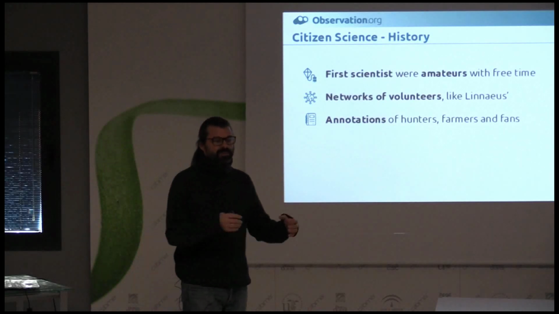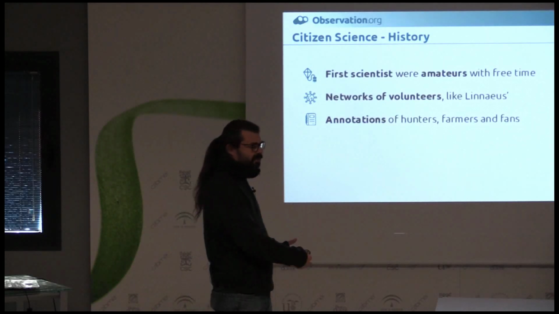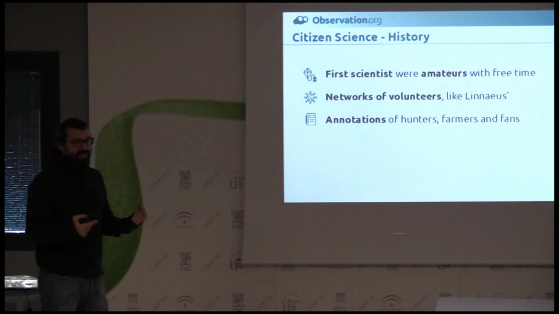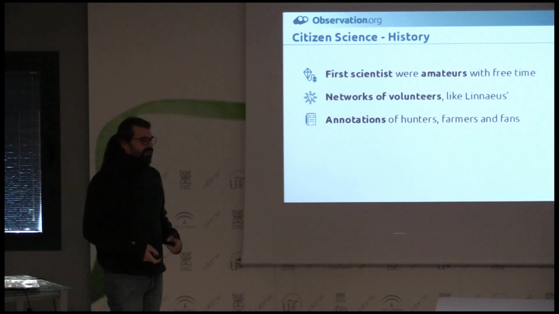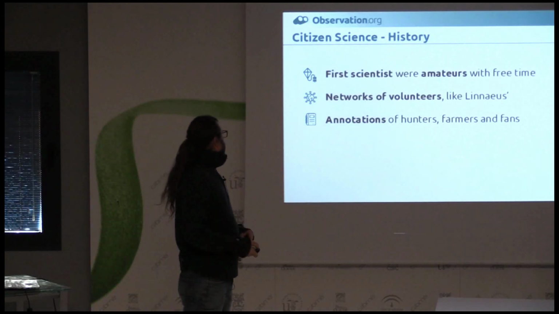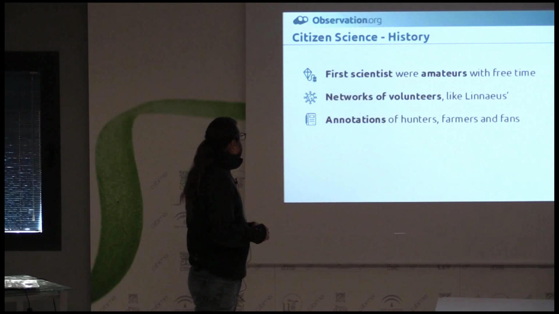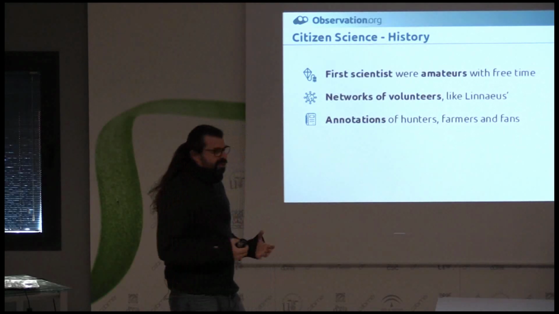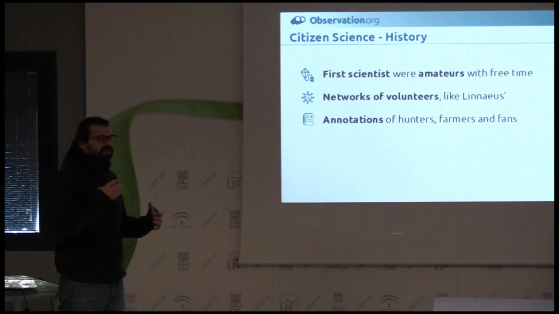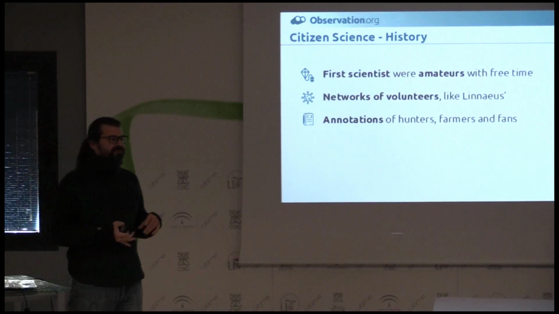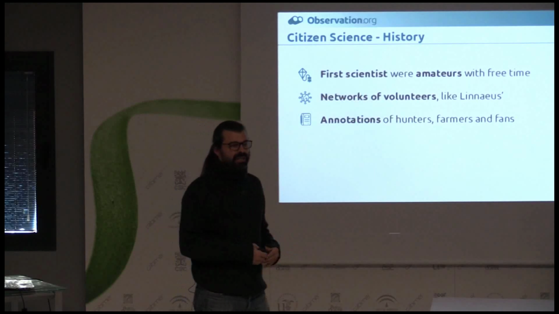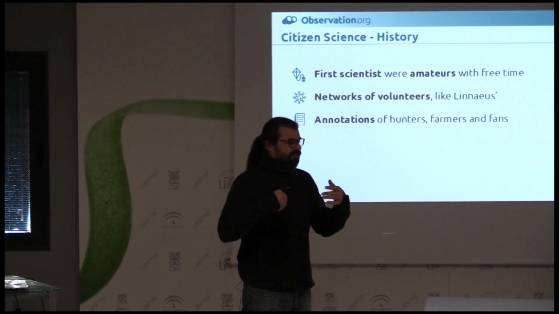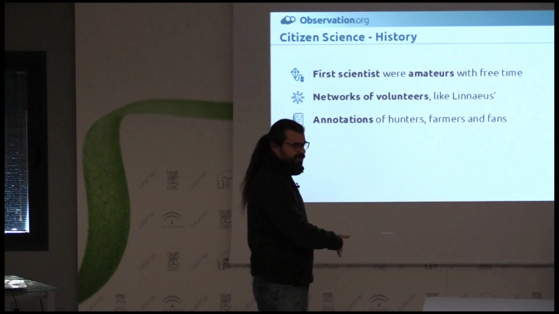It's a collaboration between volunteers who are not experts and one expert who made this network, who made the taxonomic classification that we have nowadays. And another example of citizen science is the annotations of hundreds, millions of hunters, farmers, and fans that go outside to nature and have been taking information for hundreds of years, and we have that information there.